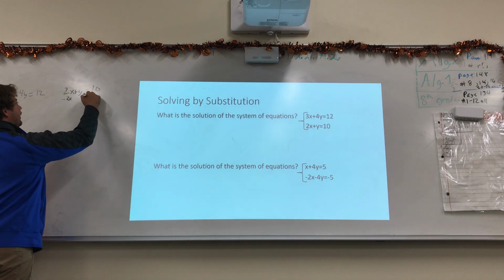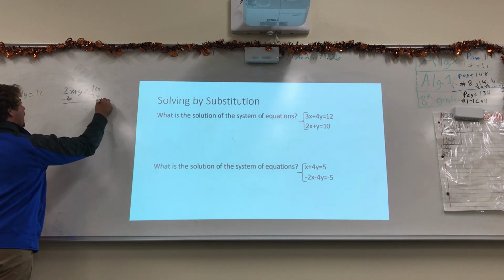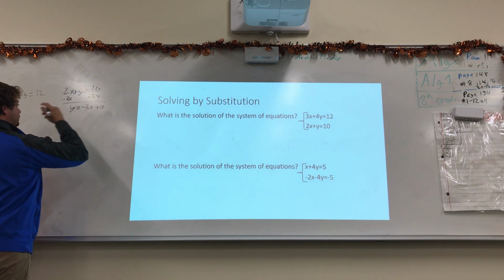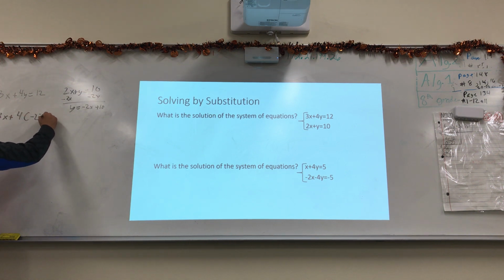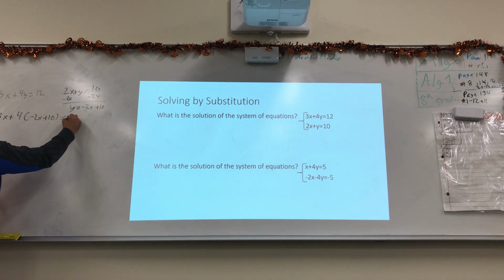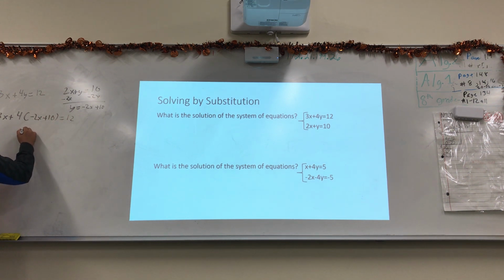I'm going to minus 2x, I get y equals negative 2x plus 10. Okay? Now I can sub that in for my y in here. So I'm going to get 3x plus 4 parentheses negative 2x plus 10, equals 12.